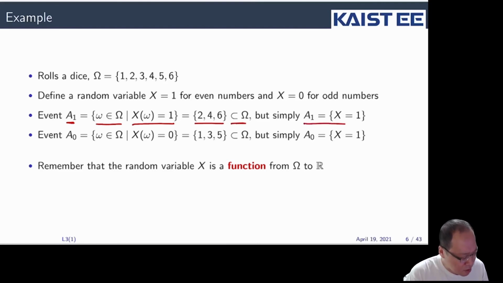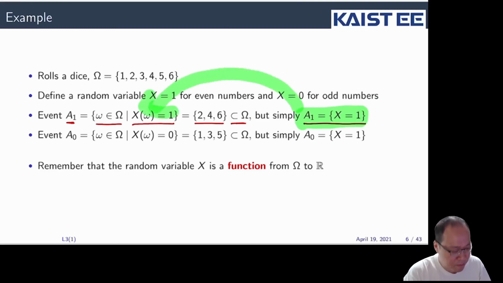But in many cases, we use a shorter notation for A1: A1 is just the set of X equals 1. Whenever you see this kind of expression, you should be able to think about the formal definition. Similarly, we can define another event A0, which is the set of all outcomes such that X of those outcomes becomes 0, here in this case 1, 3, 5, and that's a subset of the sample space.